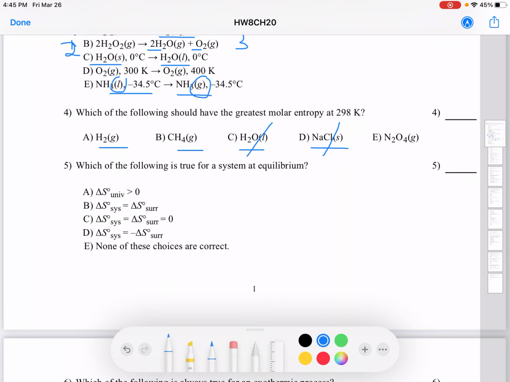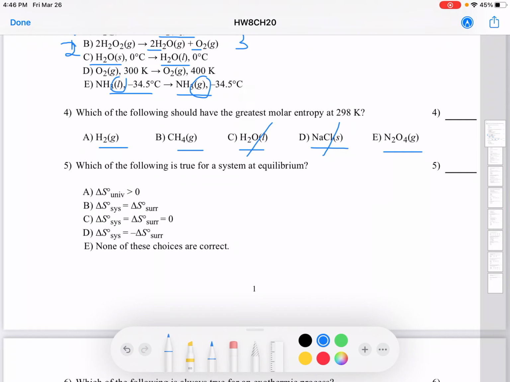Now we have 3 gases: hydrogen, methane and N2O4. Whichever has a more complex structure would have more entropy. Which one is more complex? It's N2O4, right? So the correct answer is dinitrogen tetroxide.